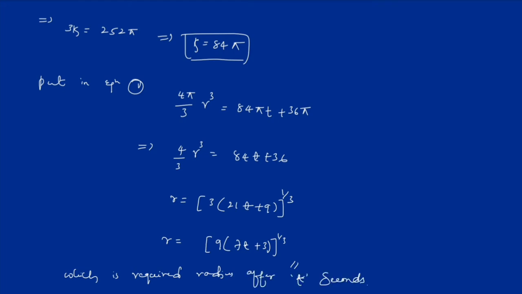By taking 3 common, we have written here r equals (9t plus 3) to the power 1 by 3. So this much is in this lecture series.